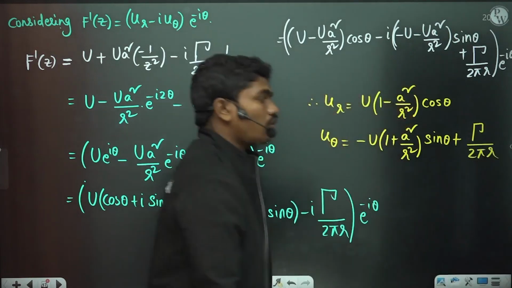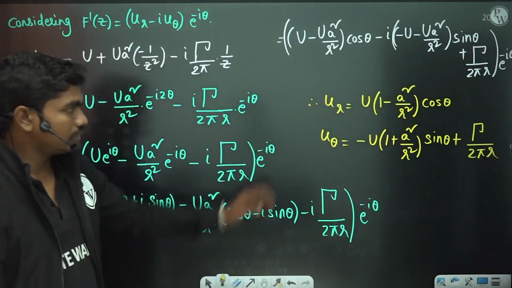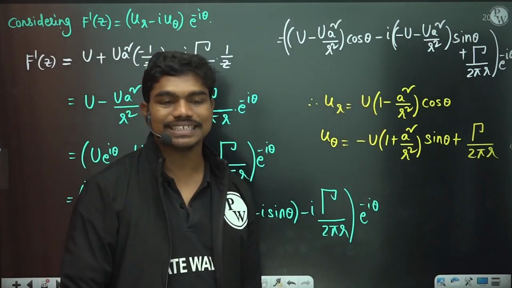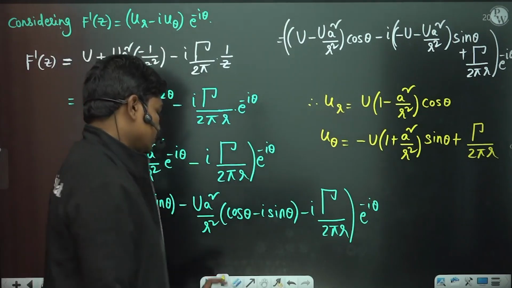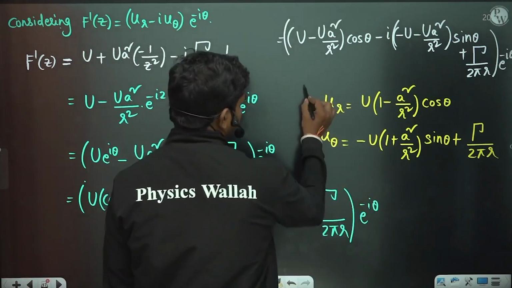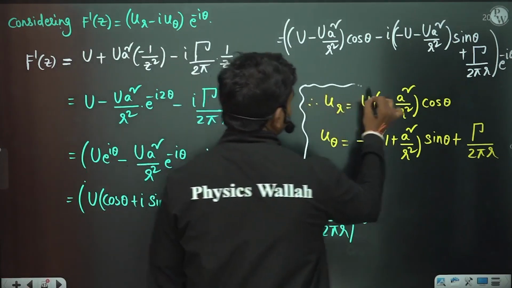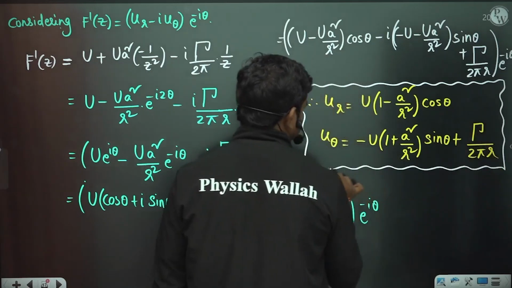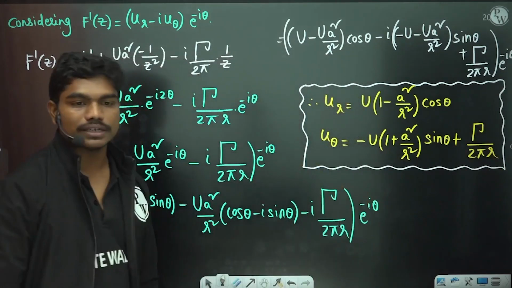So this is what you have for the radial velocity component and the azimuthal velocity component. Is this clear to you? Now this is what you have here, u r and u theta. So these are the expressions.